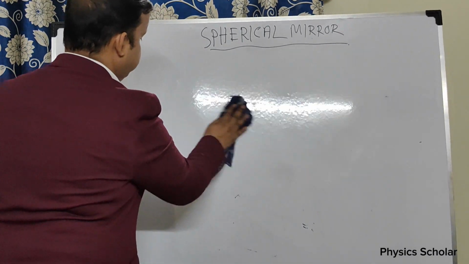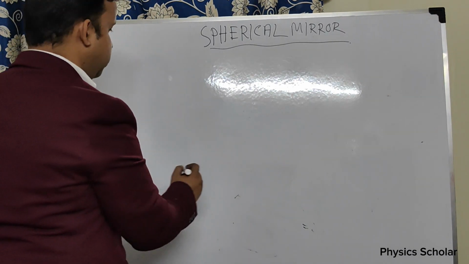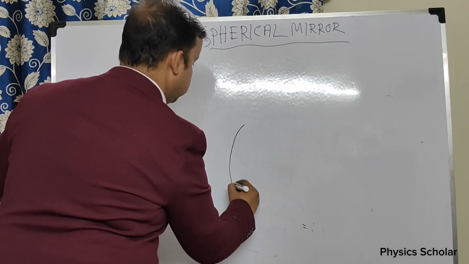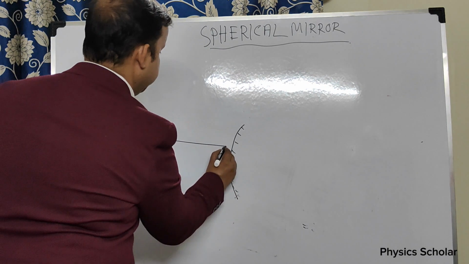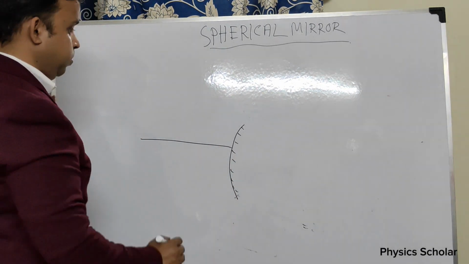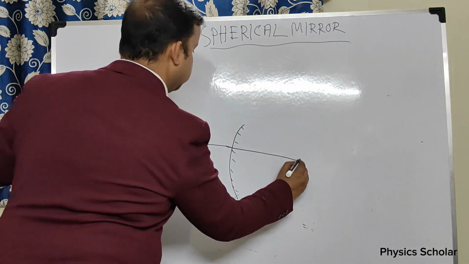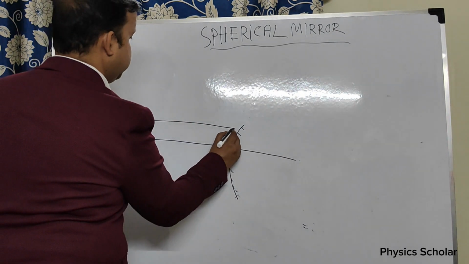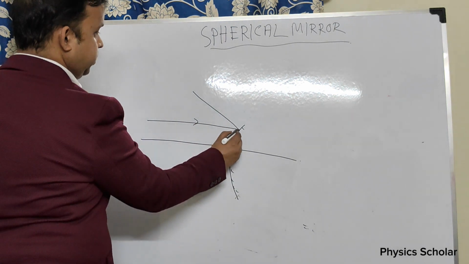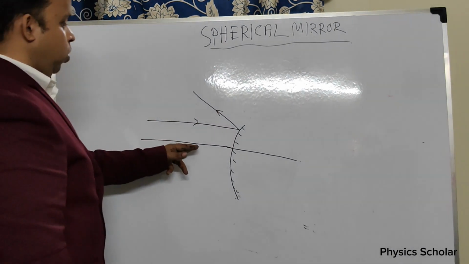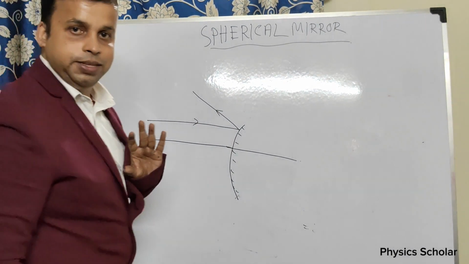Same thing in case of the convex mirror. Suppose this is the principal axis. A ray of light parallel to the principal axis is incident on it. It will be reflected along this path. It will not meet on the principal axis.